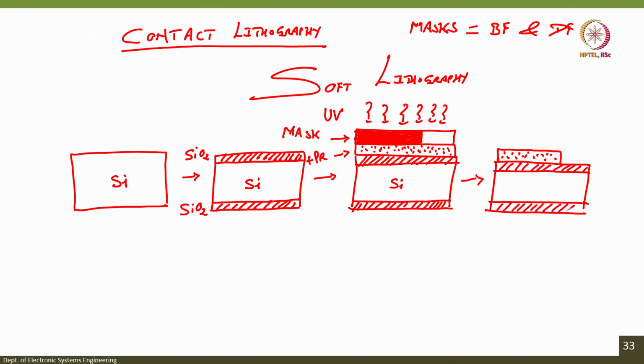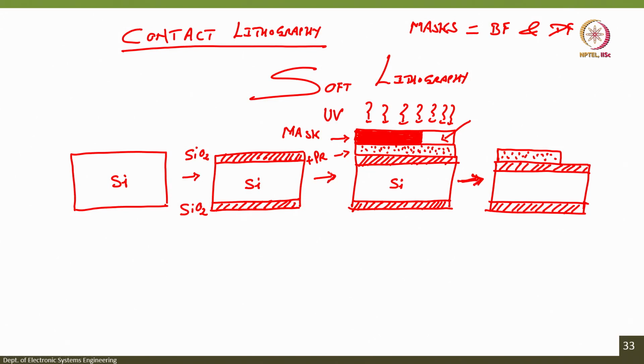The unexposed region became stronger, and the exposed region, which is the region that UV light passes through, will get weaker and will get developed, correct. So, this is now what we have.